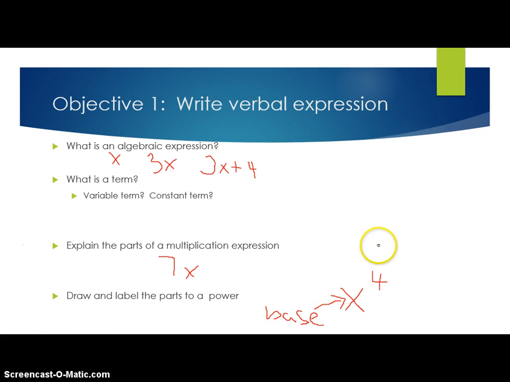I'll change colors so we can see that. Not too bad. So again, the bigger bottom portion is the base. The smaller portion at the top is called the exponent, and the whole thing is called the power. So this is a power, that's a base, that's an exponent. These are parts of a power.